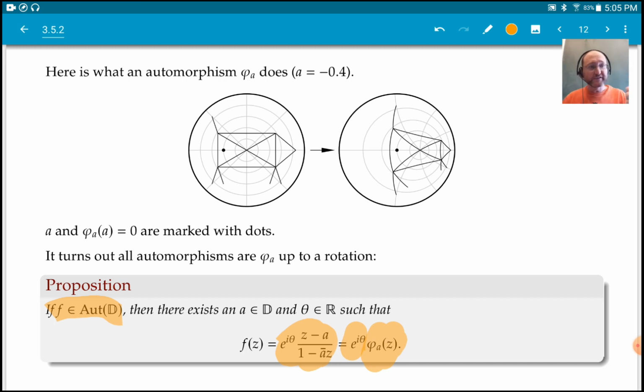The theta is giving us an angle, so if I know the point going to 0 and the angle of the rotation, I know the automorphism. There are no other automorphisms, and for any real theta and A in the unit disk, this is an automorphism.